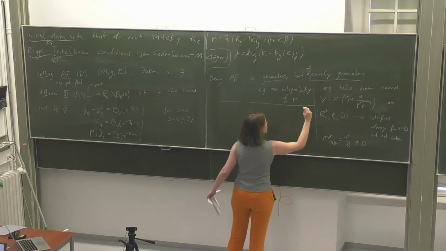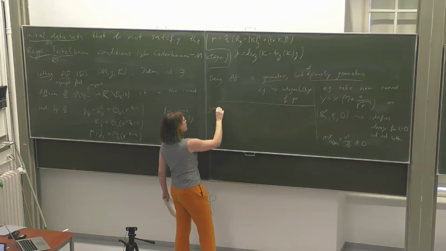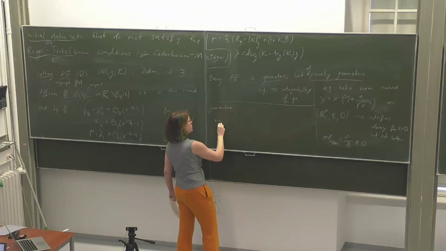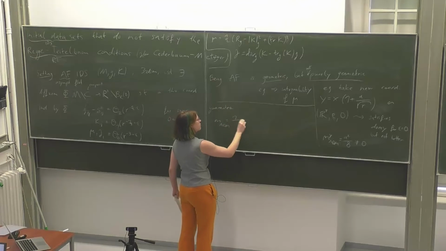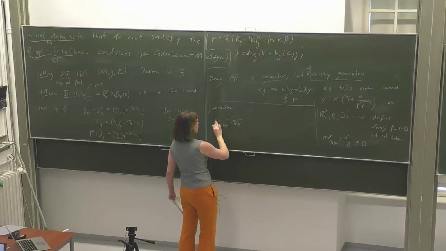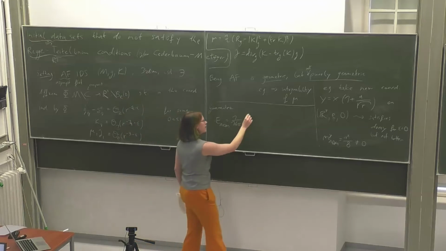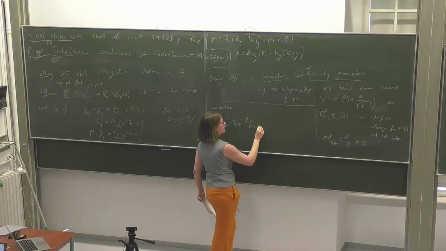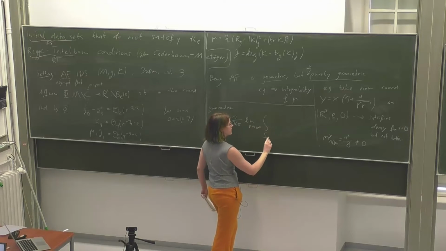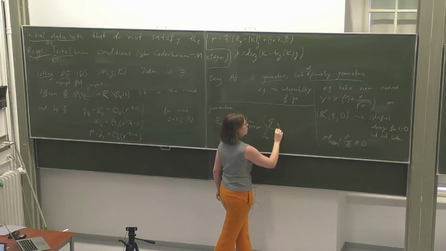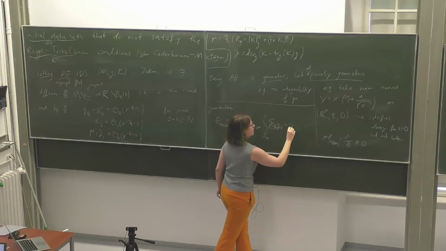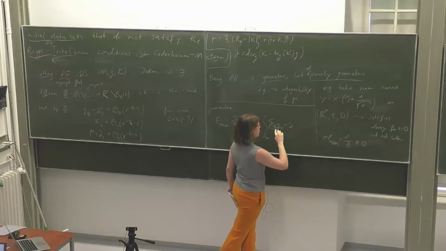So what do they give us? They guarantee an ADM energy, 1 over 16 pi. Sorry, I should put the energy since we have a potentially non-zero k. Limit r going to infinity, then we integrate over spheres of this large radius. Then we have some D_ij and the j derivative minus the, yeah.